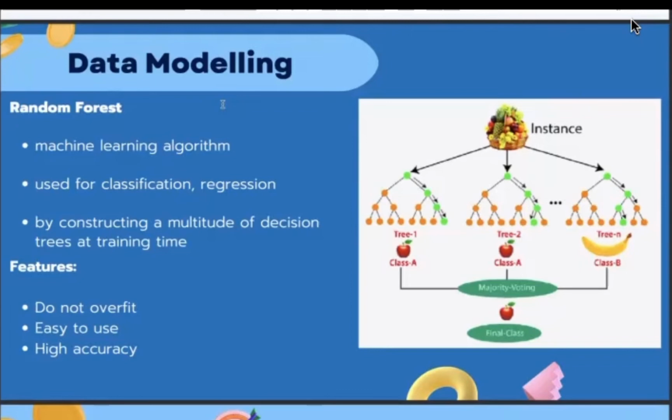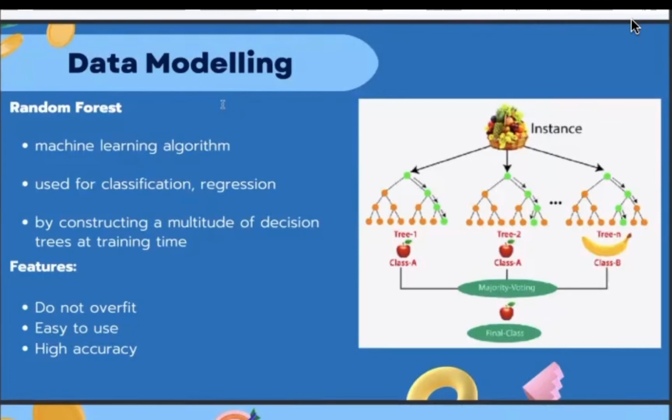The random forest classifier divides this data set into subsets. These subsets are assigned to each decision tree in the random forest system. Each decision tree will produce its specific output. For example, the prediction for tree 1 and tree 2 is apple.